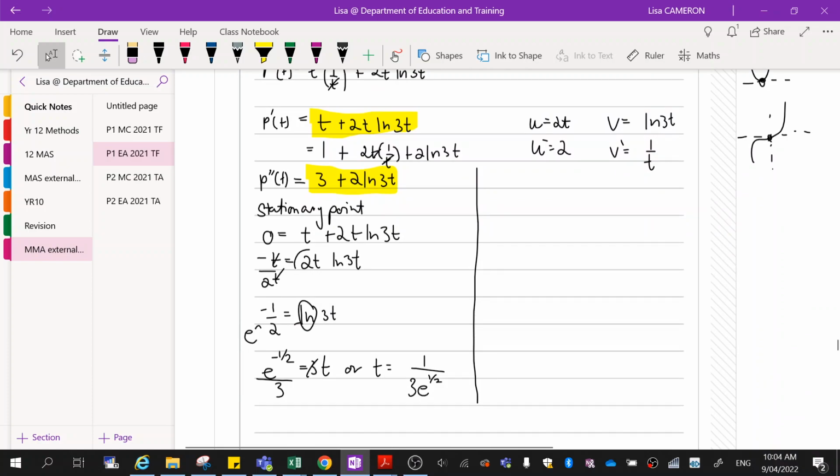Okay, so let's chuck it in. So we're putting it into our second derivative to determine concavity.